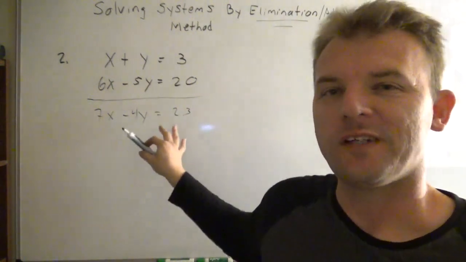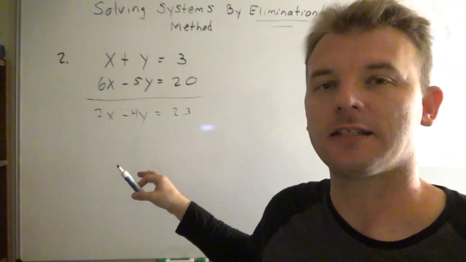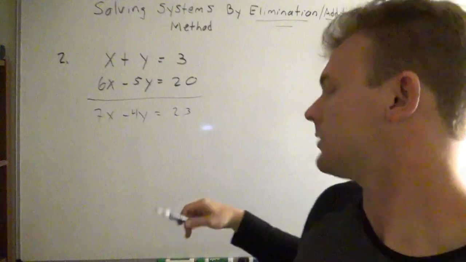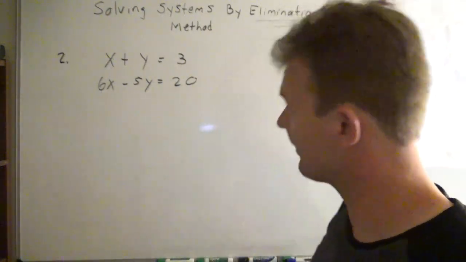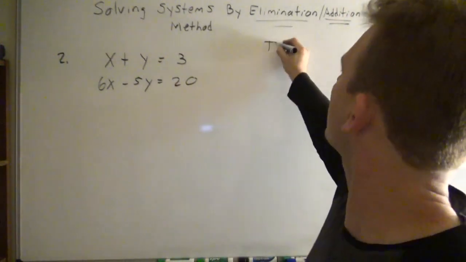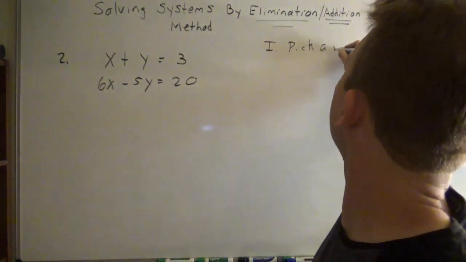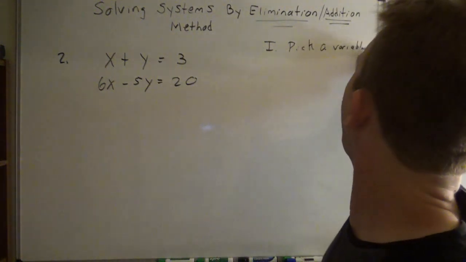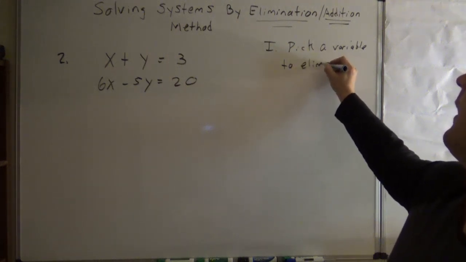You can't really go into that because you're creating a math that is not working. So we want to take this away and do something else. So I'm going to pick, so number 1, I'm going to pick a variable to eliminate.